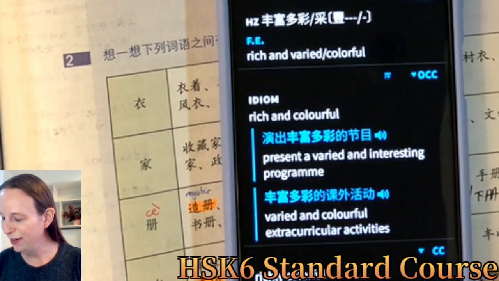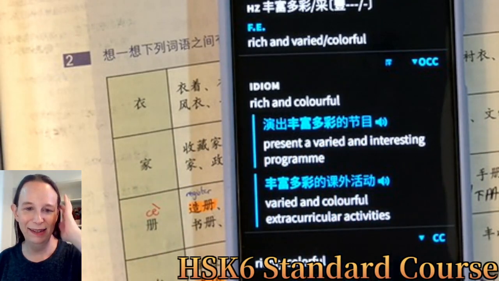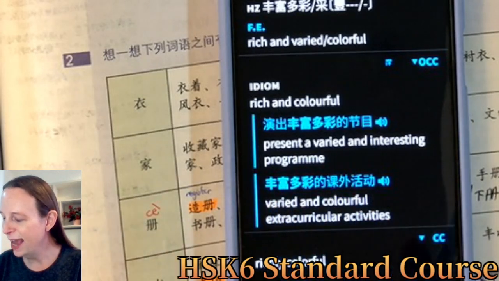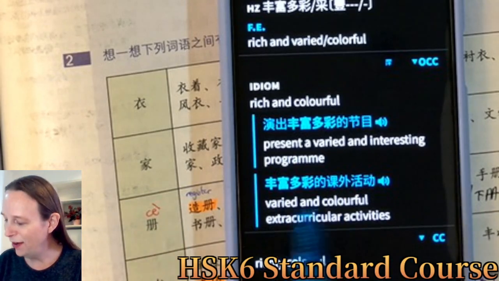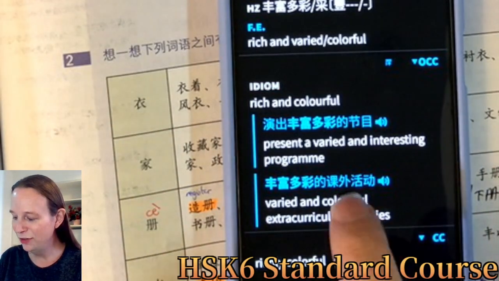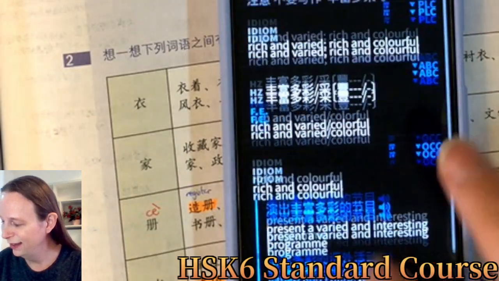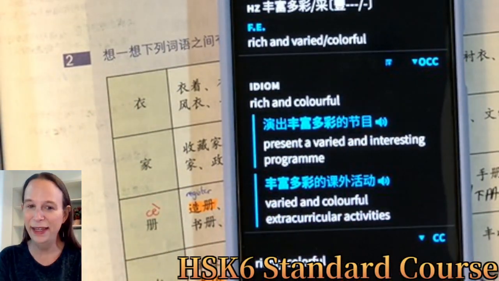It even says that, rich and colorful. 演出丰富多彩的节目. Yeah, it doesn't imply colorful. It's very rich. It's basically the same as 丰富 almost. 丰富多彩的课外活动. Yeah, varied and colorful. Extracurricular activities. It means diverse. Plentiful and diverse. Yeah, even the dictionary says colorful. Take that in the bin. Get rid of that colorful.